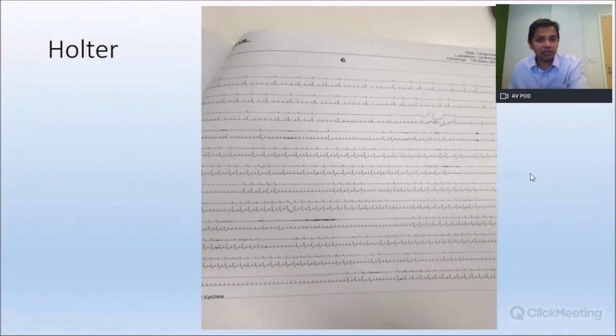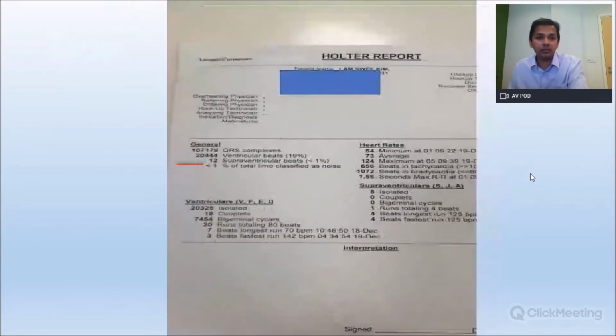So daytime it's less obvious and cannot be picked up in the ECG. This is the Holter report, and it shows that she had 20,000 ectopics within 24 hours.